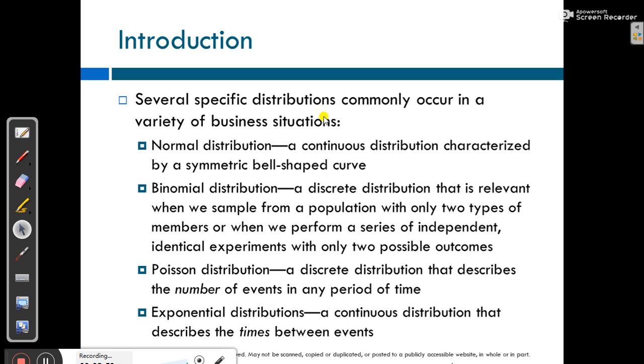Exponential distribution is a continuous distribution that describes the time between events. So here you can see which ones are normal and which ones are exponential.